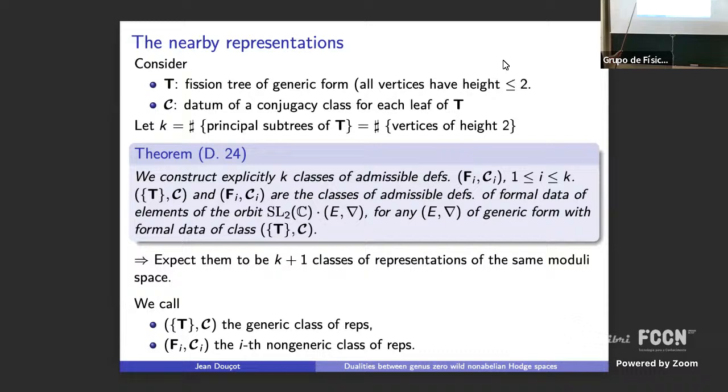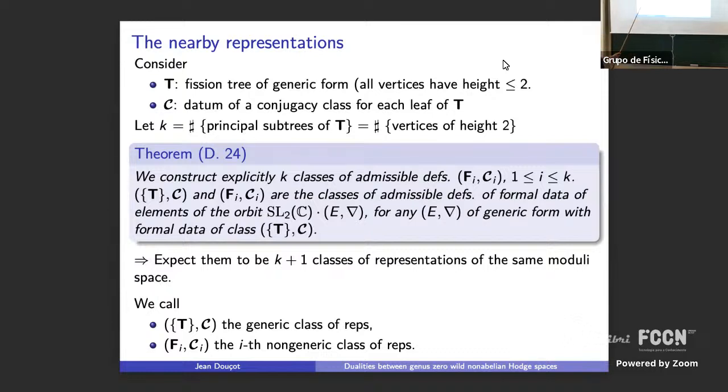Those representations: I have the generic one, the initial one, and then there is a canonically defined integer k, which is basically the number of principal subtrees in my generic tree, which is also the number of vertices of height 2. This defines canonically my integer k.